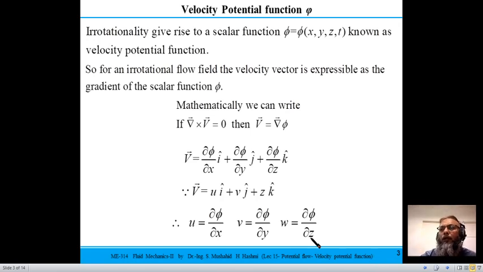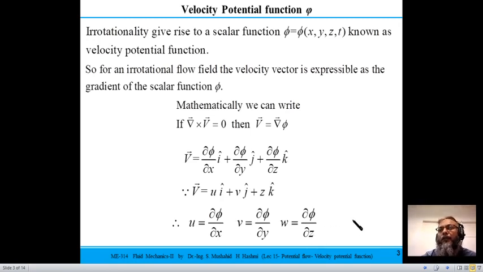It is so simple. If you have knowledge of that scalar function phi, and you differentiate with respect to x, you will get the corresponding velocity component in x. Similarly, if you differentiate that scalar function with respect to y, you get the v component of the velocity, and with respect to z, you get the w component.